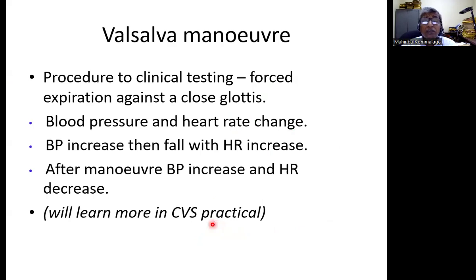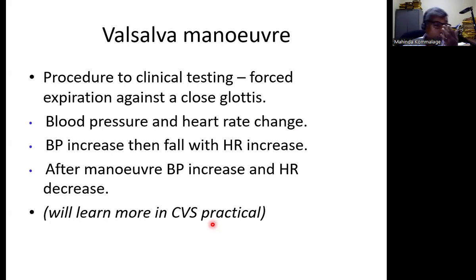The Valsalva maneuver is a maneuver or test we do to check baroreceptor function and basically cardiovascular regulation, right? I will not explain that. You will have a separate practical on the Valsalva maneuver, so read the handout, and through that practical you will learn how the Valsalva maneuver operates and so on.